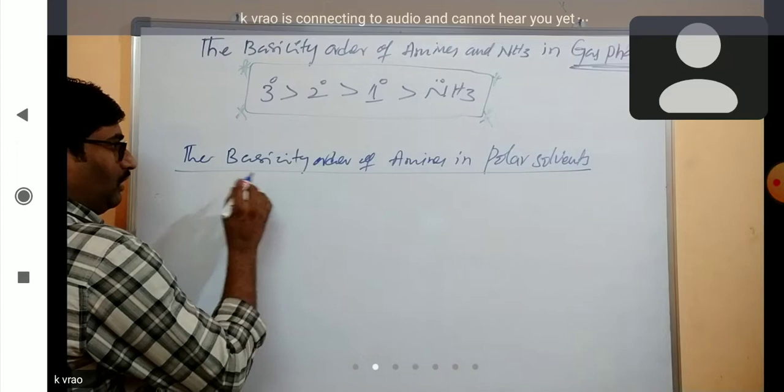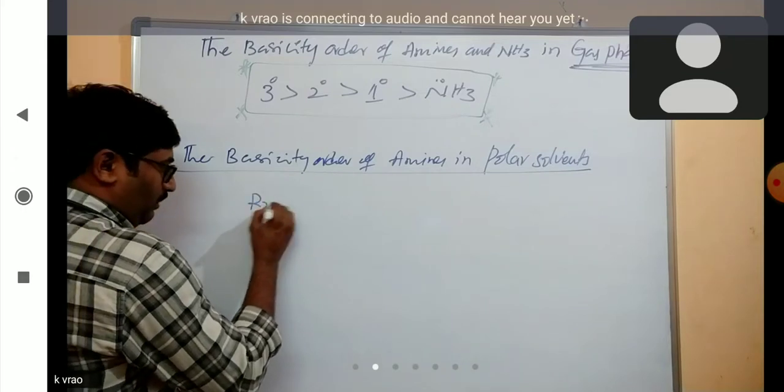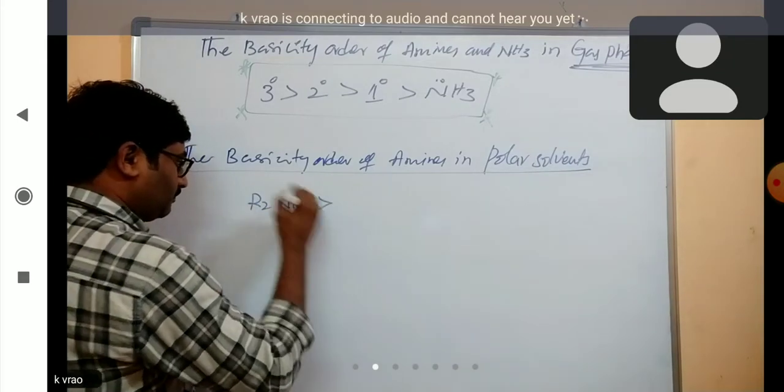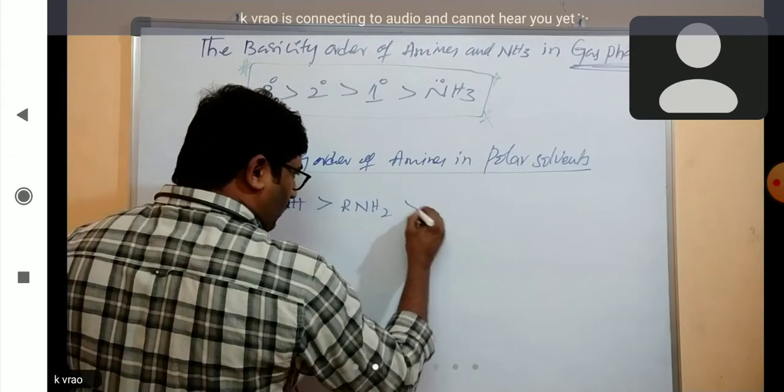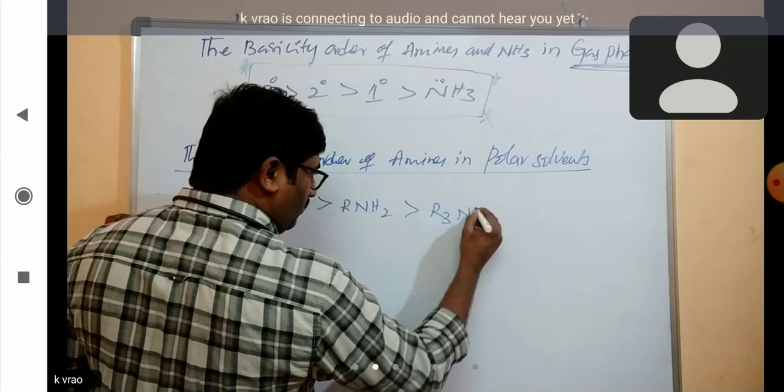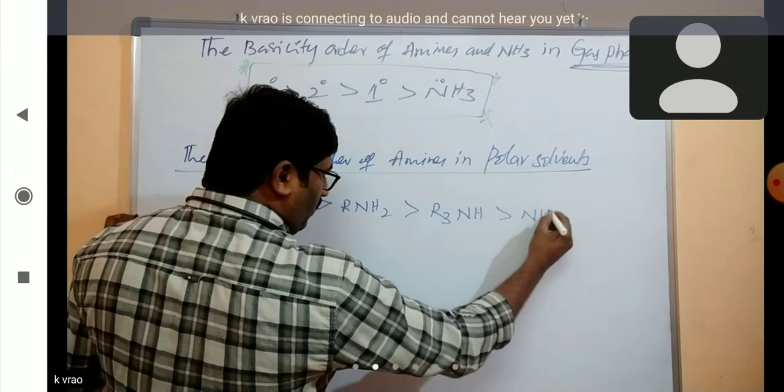So the order is secondary amine is greater than primary amine is greater than tertiary amine is greater than ammonia.